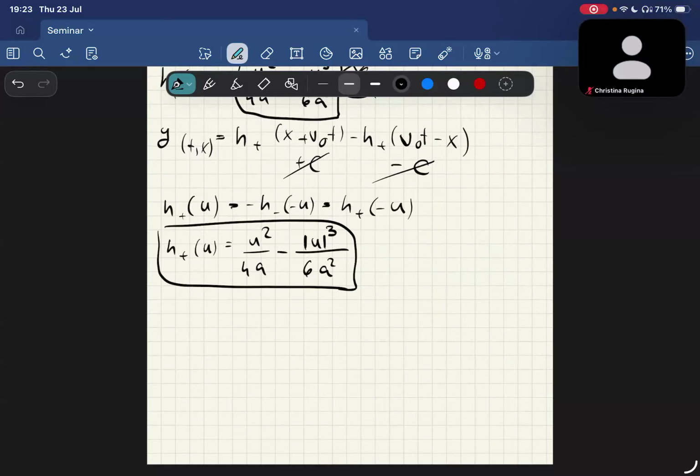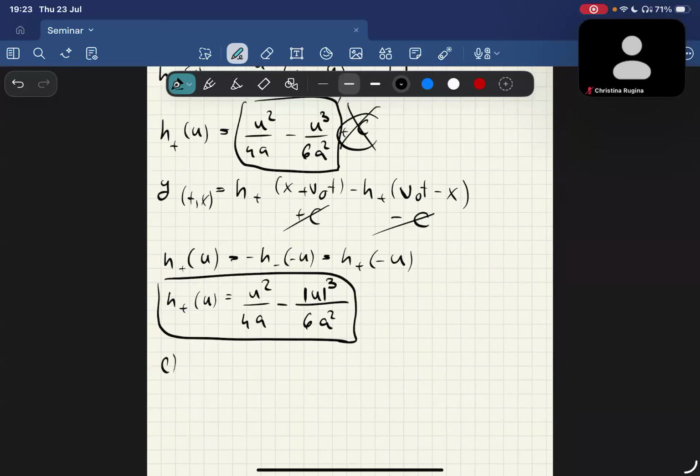Now, finally, after imposing all of these conditions, we would like to also impose a domain in which all of this is happening. So we should calculate y of t, x for x and v0t in the domain D, defined by the two conditions.